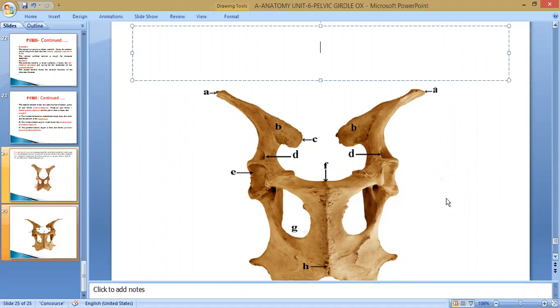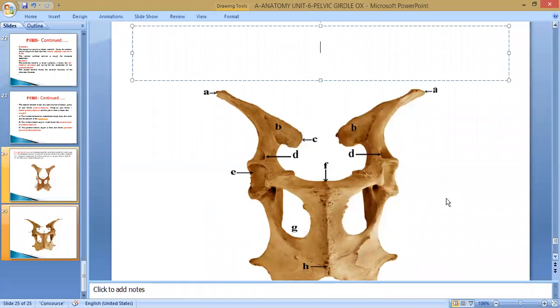What is A? ट्यूबर कॉक्सी. ये ऑब्जेक्टिव में एकदम सडनली आएगा. जब जानवर बाहर की तरफ चलता है तो एक्सटर्नल एंगल ऑफ इलियम दिखता है और ट्यूबर इस्चाई भी दिखता है, that is trifid in case of the cattle.